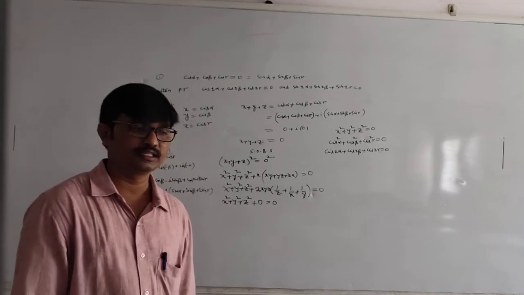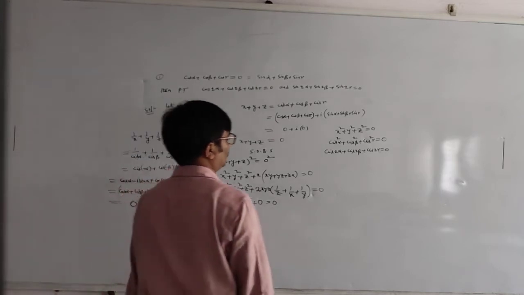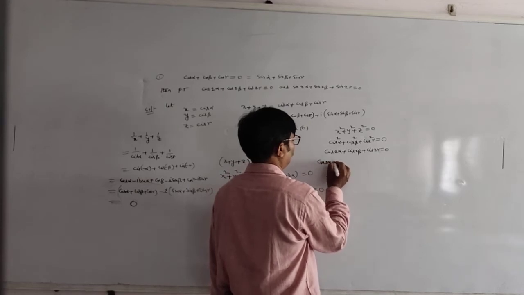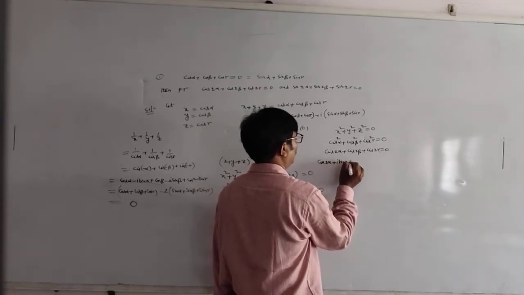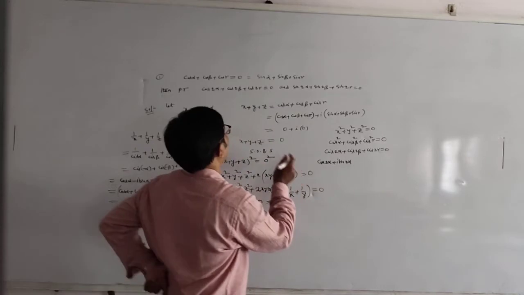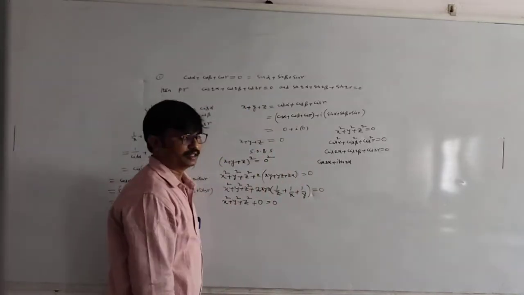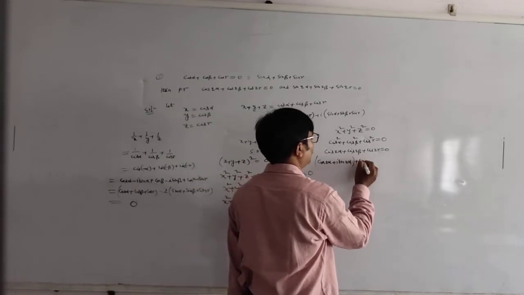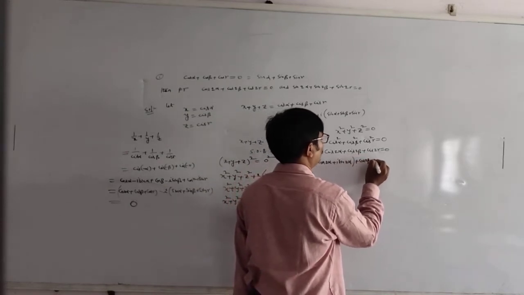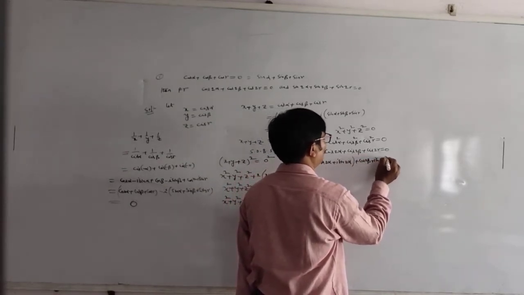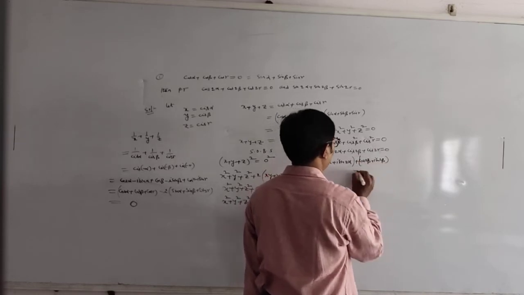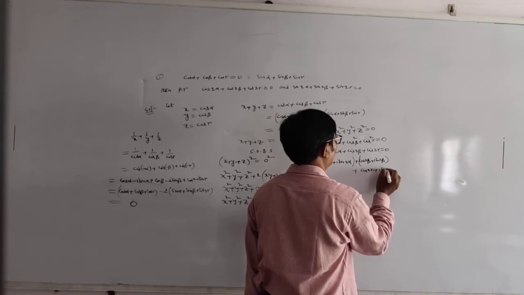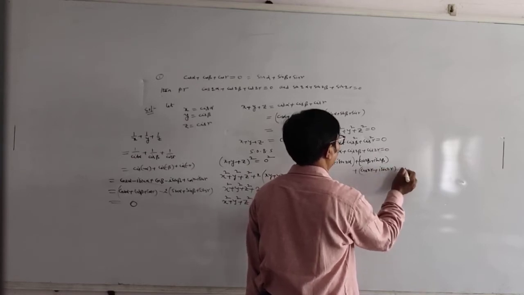Okay students, now we remove the cis. Cis 2 alpha means cos 2 alpha plus i sin 2 alpha. Cis 2 beta is cos 2 beta plus i sin 2 beta. Cis 2 gamma is cos 2 gamma plus i sin 2 gamma, equal to 0.